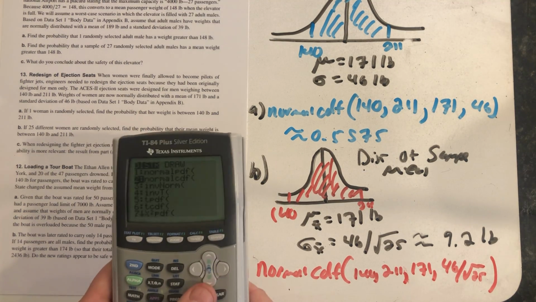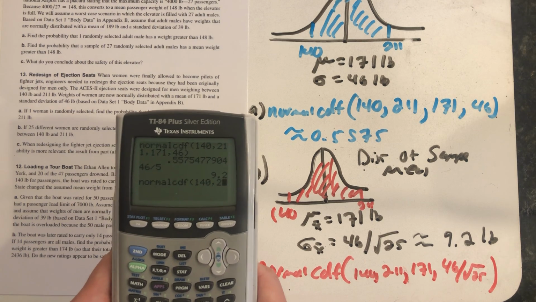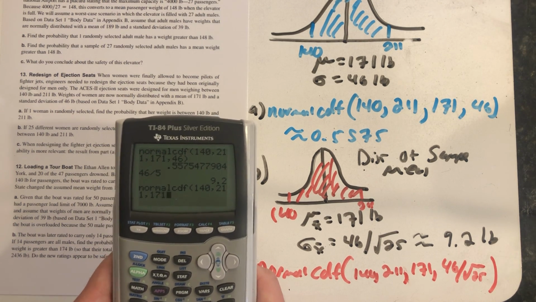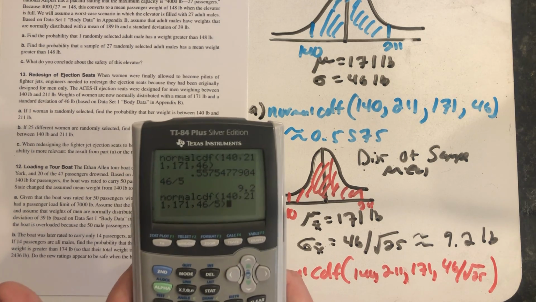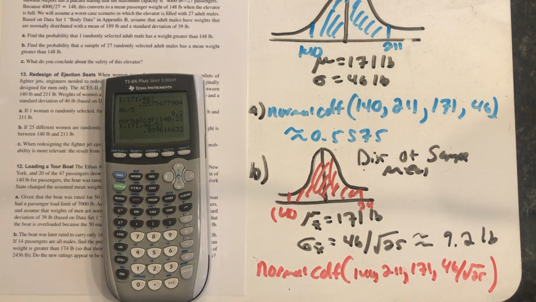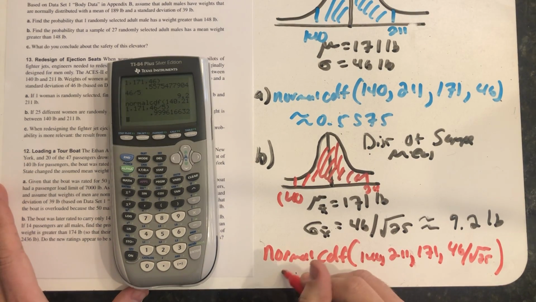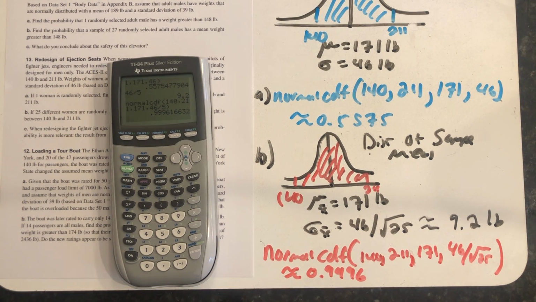Go down to normal CDF. 140 to 211. The mean is 171. Now the standard deviation, 46 divided by the square root of 25. And I get 0.9996. All right, so a very large probability there.